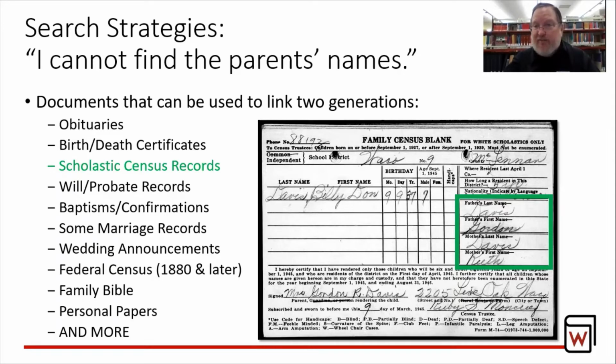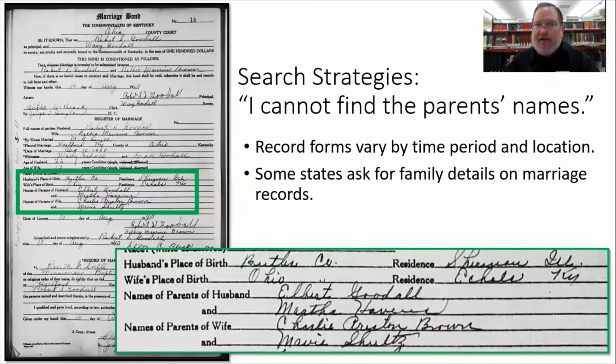Some states ask the parents' names. Wedding announcements, federal census 1880 and later, the family Bible, and personal papers. So here's a marriage record listing the names of those getting married plus the names of the parents. That's a great find when you have that kind of information.